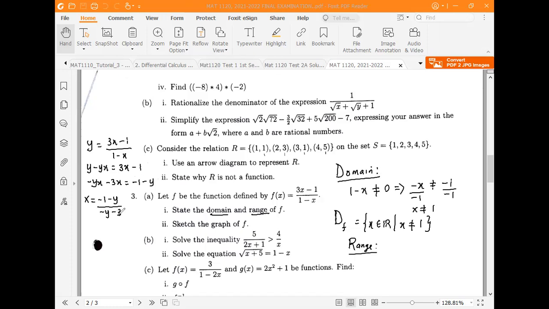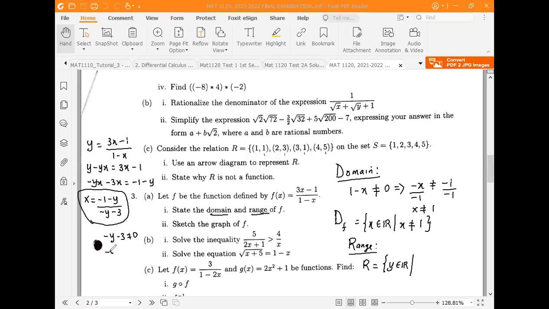So the inverse, f inverse. Now I said, if you are looking for the range, find the domain in terms of y. So now you say the range is equal to y, a real number, such that the denominator should not be equal to 0.